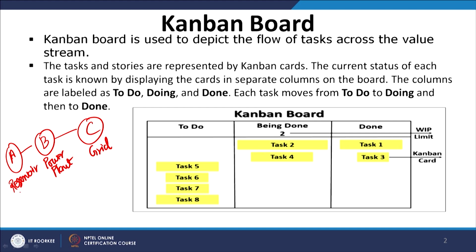Now, you have a withdrawal Kanban at stage A and a production order Kanban at stage C.